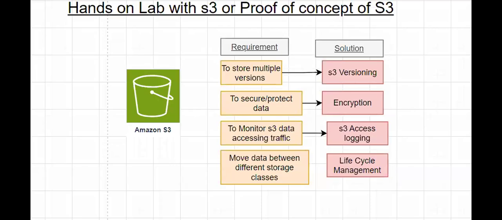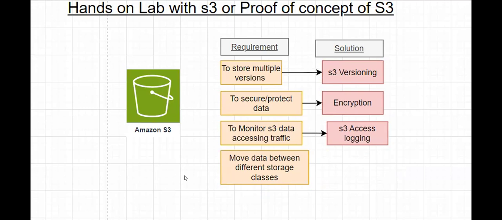In real time, we might have a requirement to move our data between different storage classes. In S3, we have different storage classes. If you move the data between them manually, it might take you a lot of time.